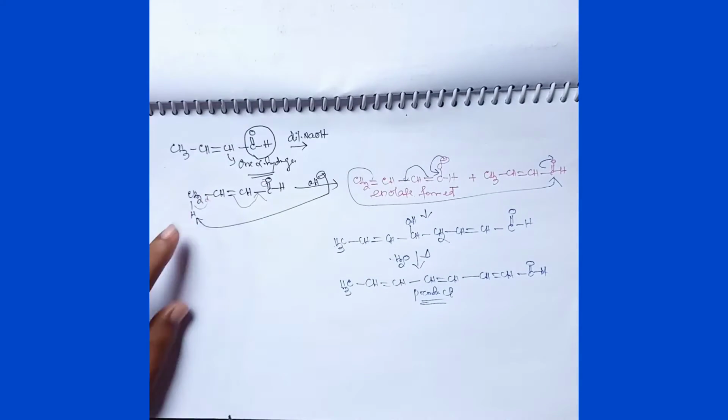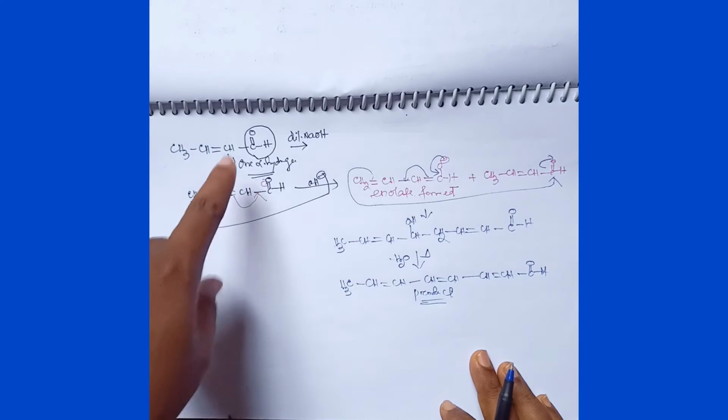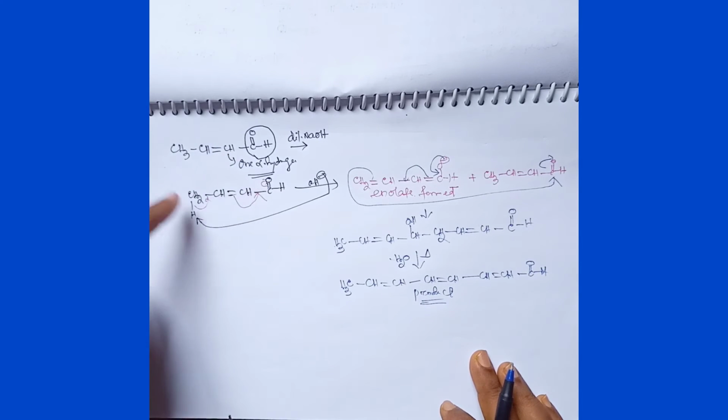So, the main motto is the stabilization of the intermediate due to the process of resonance. So, instead of this alpha hydrogen here, if you are abstracting this alpha hydrogen, it is more resonance favorable.